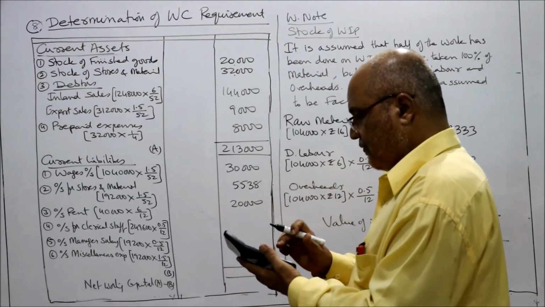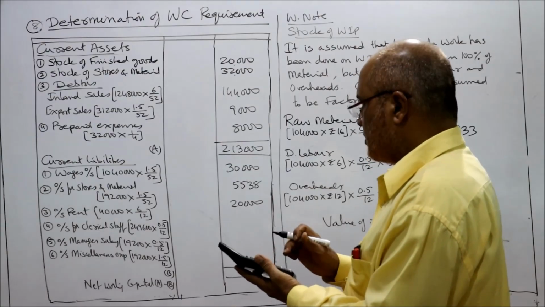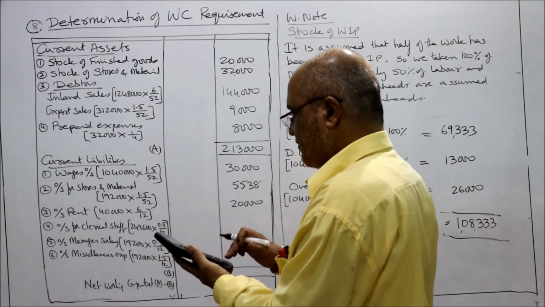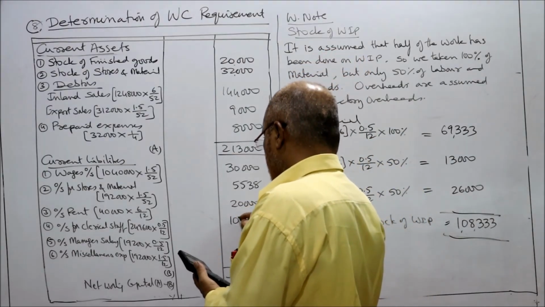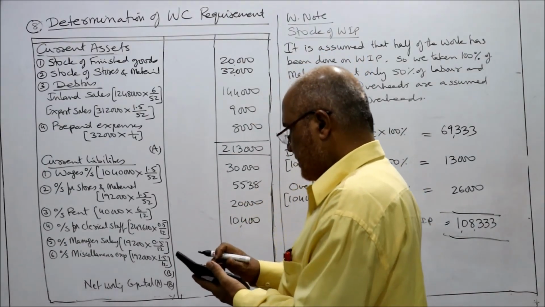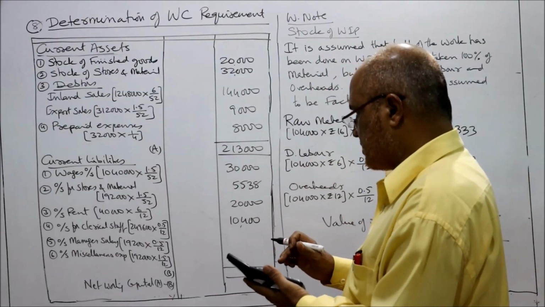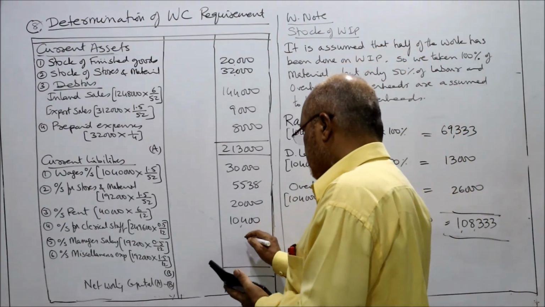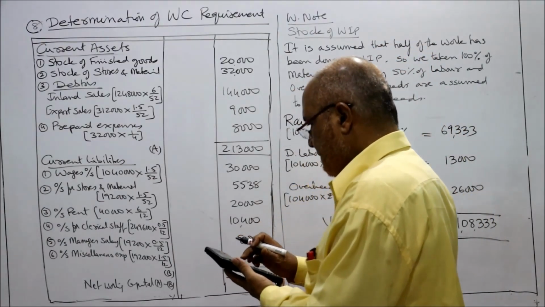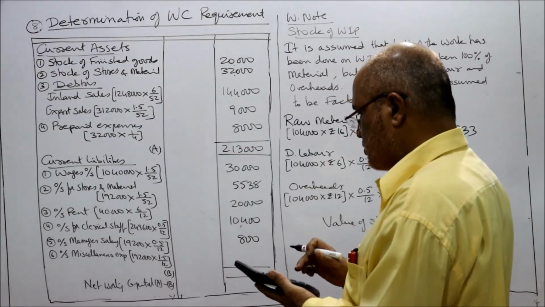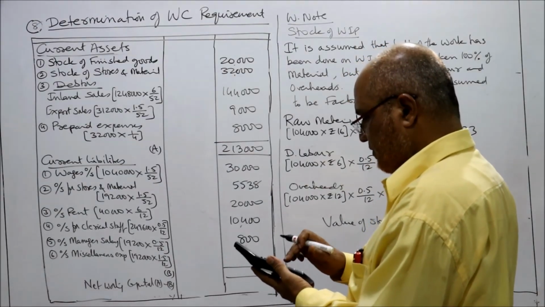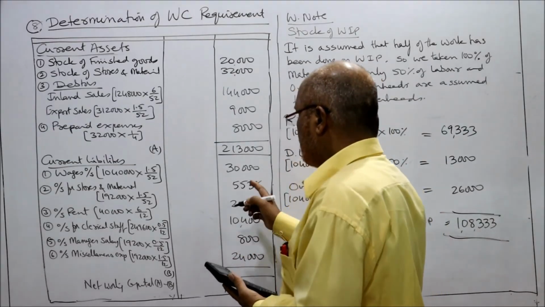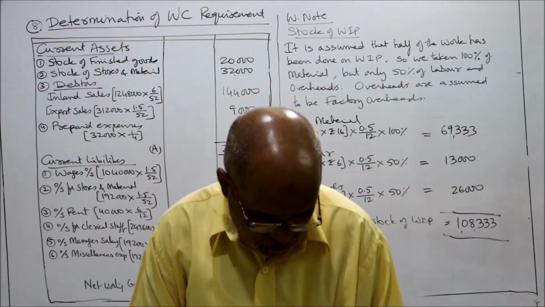Here 2,49,600 into 0.5 divided by 12, 10,400. Next one, 19,200 into 0.5 divided by 12, 800. 1,92,000 into 1.5 divided by 12, 24,000. One item is outstanding for stores material.